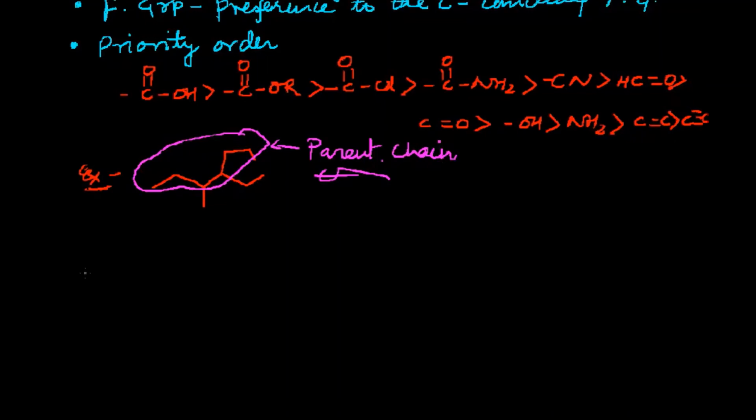Now with this parent chain, the next task is numbering the parent carbon chain. Let us draw it again, and we can number it this way.